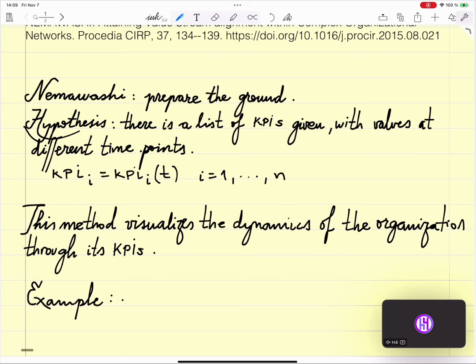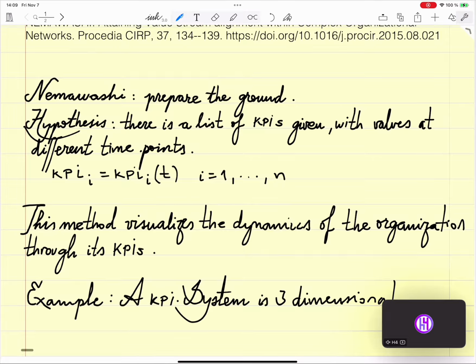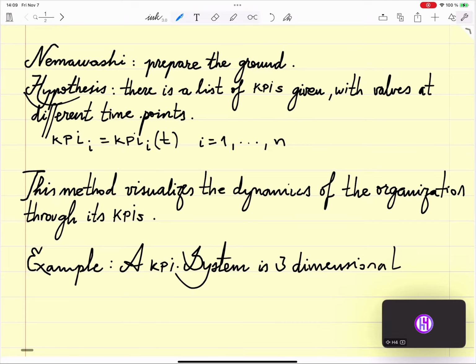Example: a KPI system is 3-dimensional. And has following data.